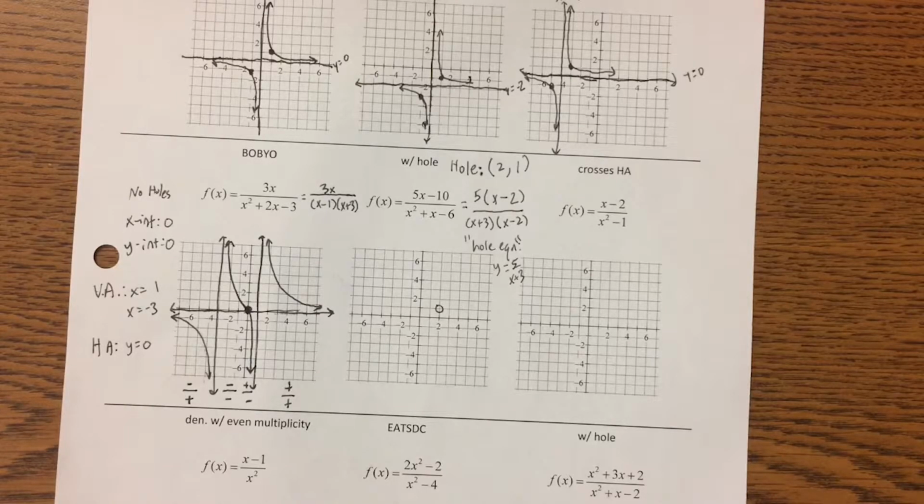Where are my x-intercepts? There are none. Okay, the reason there are none is there are no x values that make the numerator 0 that don't make the denominator also 0. So no x-intercepts. What's next? What about the y-intercept? If I plug in 0 everywhere, what do I get for my y-intercept?